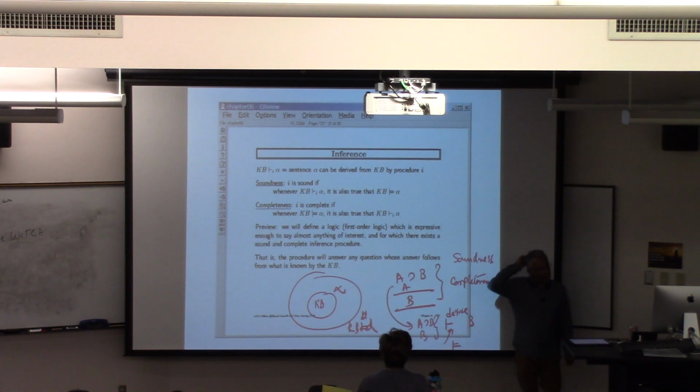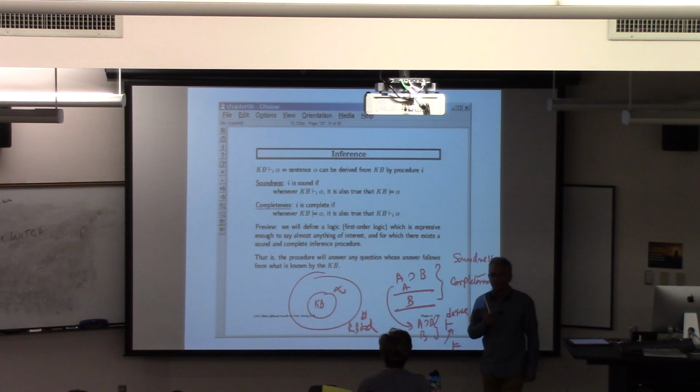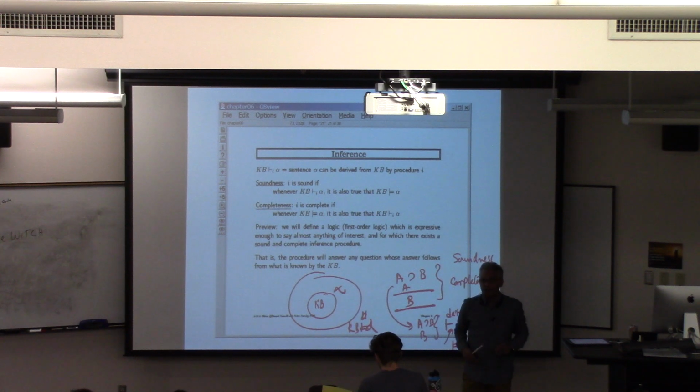Now my question is, is modus ponens sound? When you say it's a reasonable rule for logic, a good rule, that means it's a sound rule. If you use that rule to write a fact, it's actually true, it's in fact entailed. The other question is, is it complete? It turns out modus ponens by itself is not complete.